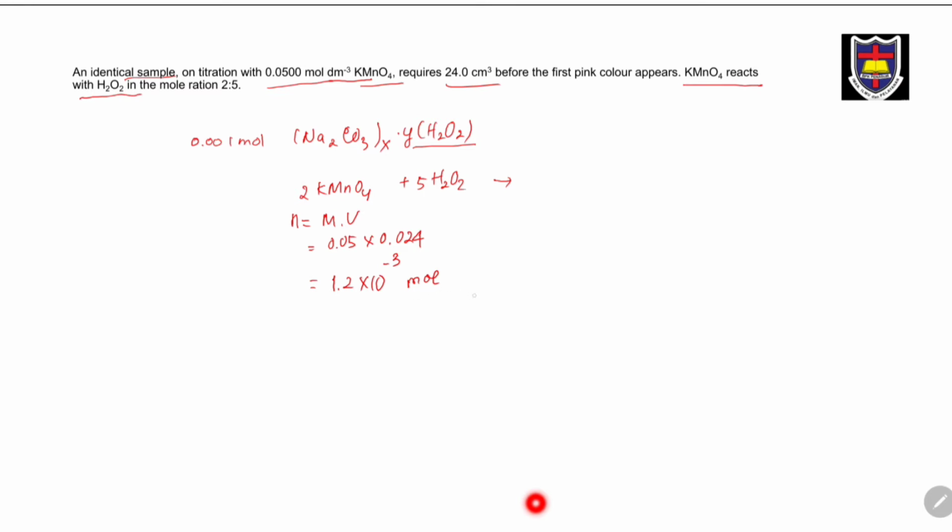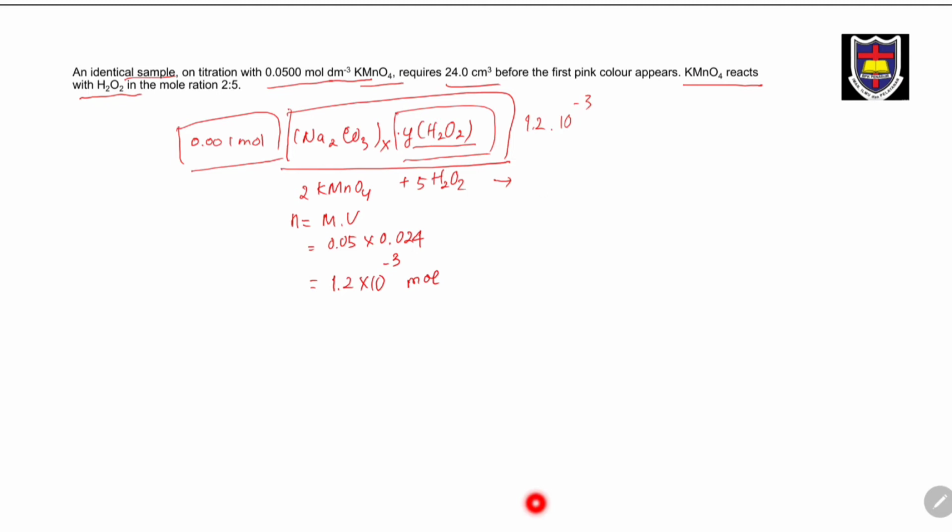This is the number of mole of KMnO4, and we need to find the number of mole of H2O2.